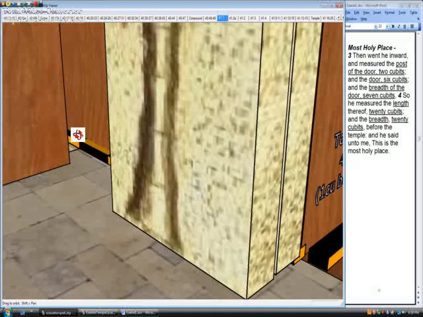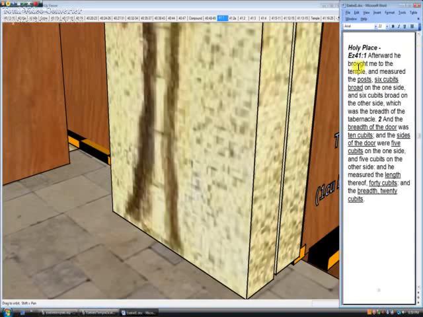By the way, it's 1 cubit into the wall of the temple, which is why it says the breadth. I'm sorry, he measured the... I'm sorry, that's the most holy place.